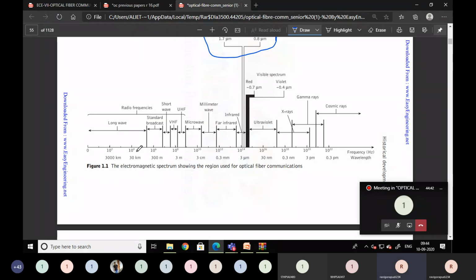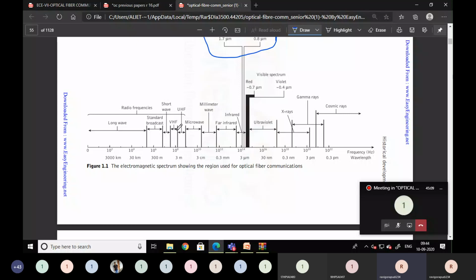Here also, next is applications: low frequency application, high frequency application, microwave frequency application, and optical frequency applications. Like that, it is mentioned in the Keiser textbook. In this textbook also, based on frequency, he has given some applications, such as radio frequencies, long wave and standard broadcasting.